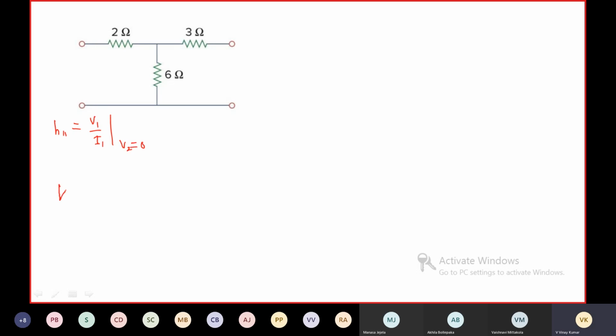Next, what is H21? H21 is equal to I2 by I1 when V2 is equal to 0.